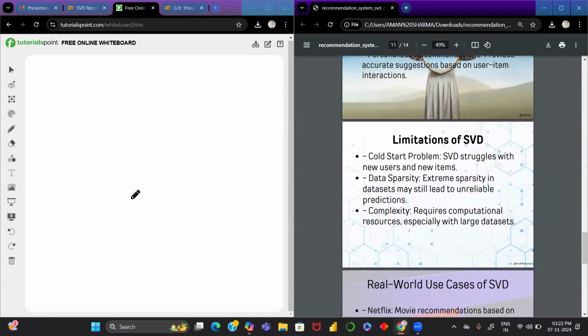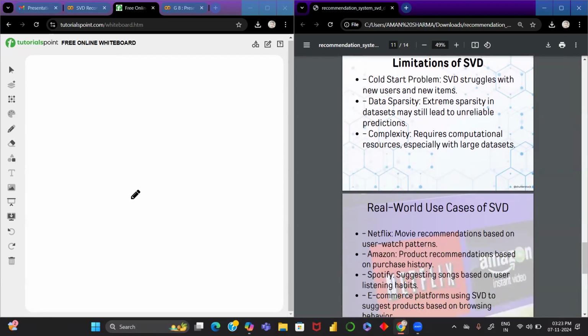One is the cold start problem, which is faced by new users and new items. If new users or new items enter, the review processing will be a bit difficult. Data sparsity: extreme sparsity of the data set may lead to wrong predictions. Complexity requires computational resources, especially for large data sets.